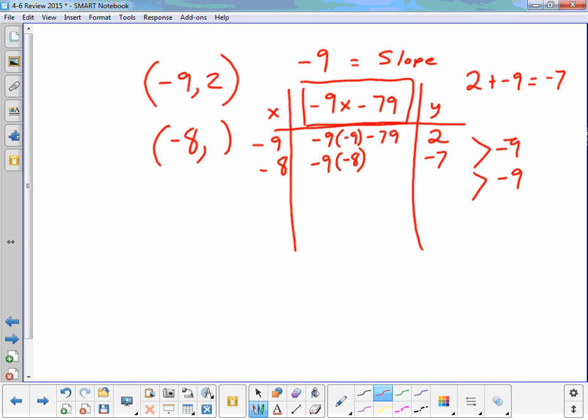When I take 72 and subtract 79, I do get exactly -7. So I would put in -7, which I'm doing right now in my Excel, and boom, I got it right. Okay, so I'm just going to show you one more, and then I'll let you try this on your own.